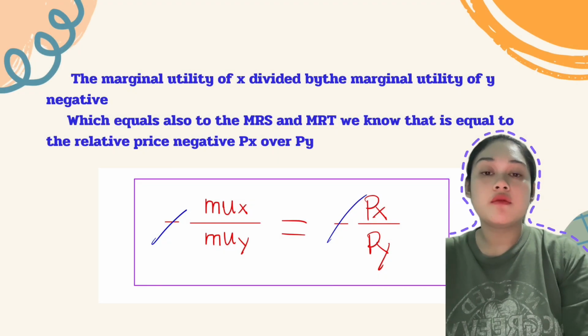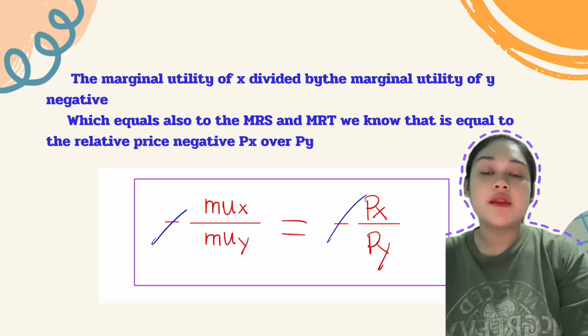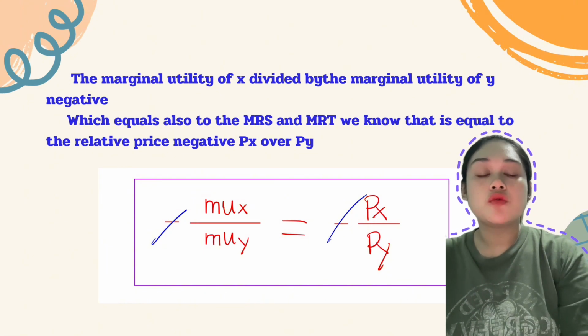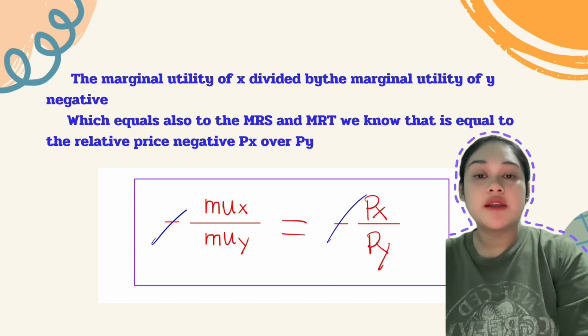The negative marginal utility of X divided by the marginal utility of Y equals the MRS and the MRT. We know that this is equal to the negative relative price, Px over Py.